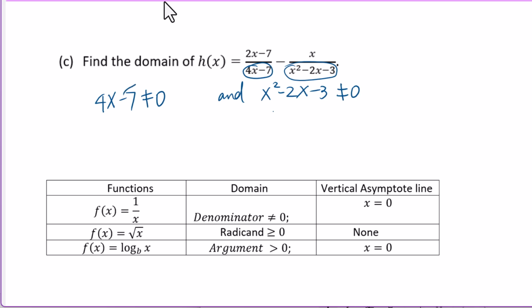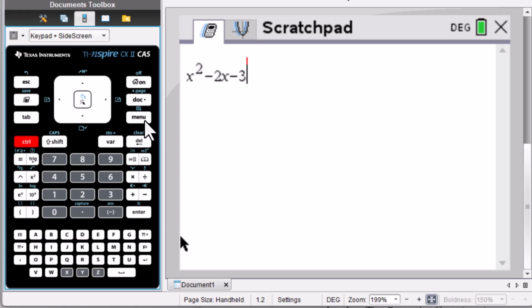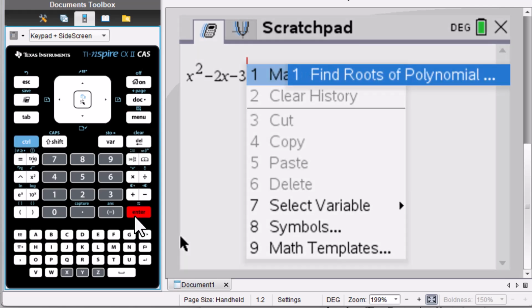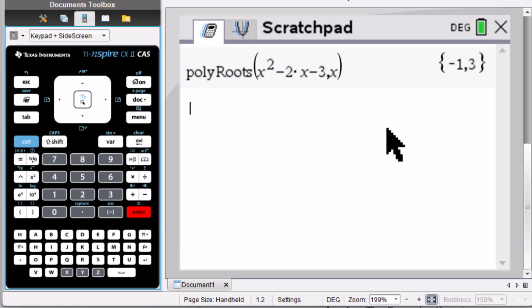For this one, add 7 to both sides: 4x not equal to 7, then divide by 4. x not equal to 7 over 4. For this one, we will use polyroots. Control menu, enter. x equals -1 or x equals 3.